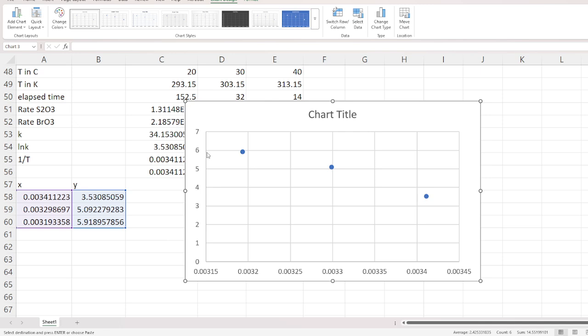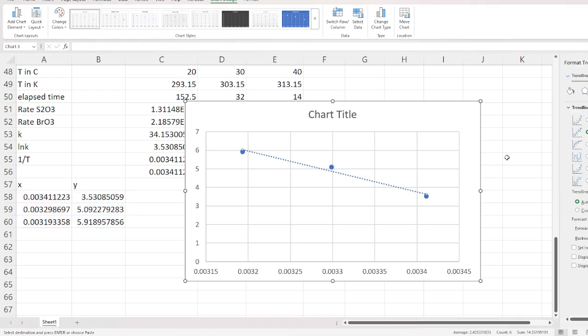I have the ln on this chart and the 1/T on this chart, and I want to add a chart element. So I usually select the data and I want to add a trend line. There's various things you may have to fool around to get it, but you want to add a linear trend line. One of the key things is you want to display equation on the chart, and you want the R squared value.